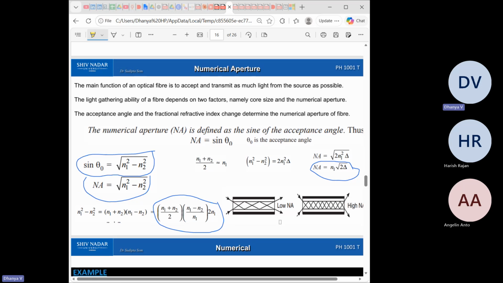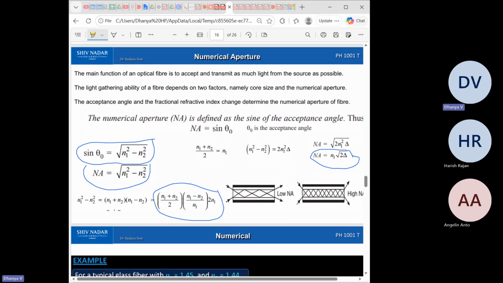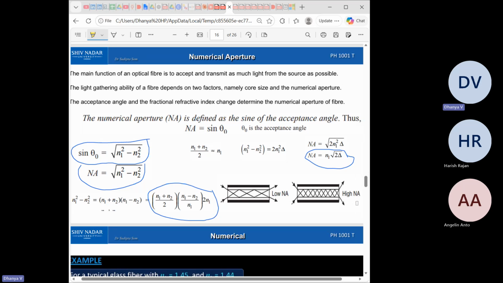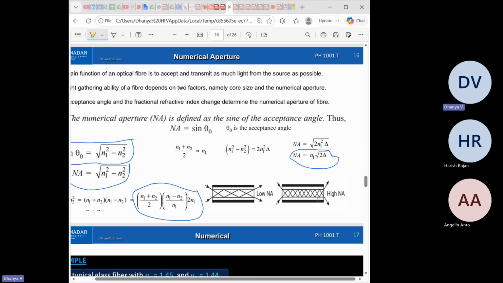So if you try to change the incident ray such that there is a greater number of reflections, you receive a higher numerical aperture over here.